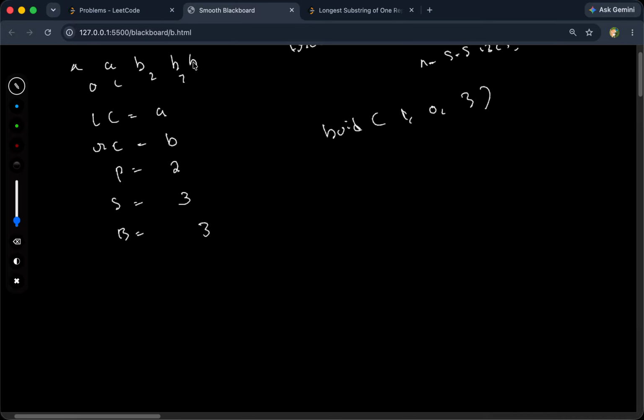Let's take a small example. Now we have to find the leaf node. Eventually the range becomes one element. For example, left is equal to 0 and right is equal to 0, which means string of 0 is a. So this is a leaf node.